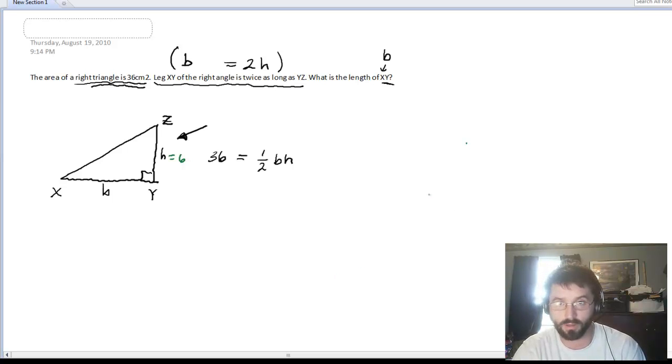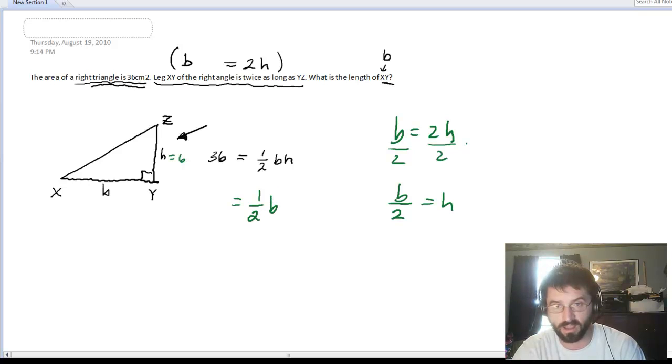Alternatively, when you have an equation like b equals 2h, and it's b that you're trying to solve for, what you really want to get rid of in this formula is h. So you could divide both sides by 2, and you get that the height is half of the base. Then you can replace in this equation, you have a 1/2 b times another b over 2.